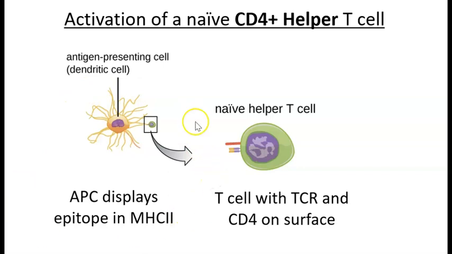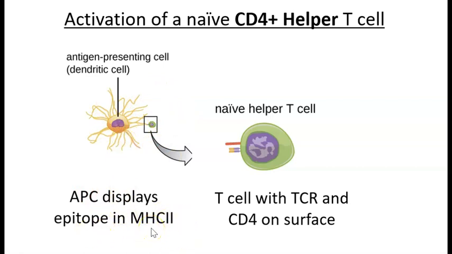So imagine you've got your antigen presenting cell over here. In this example, it's a dendritic cell that you would find in something like your epidermal layers, and they send out all these little dendrites that serve to increase the surface area of the cell so they can do more phagocytosis.